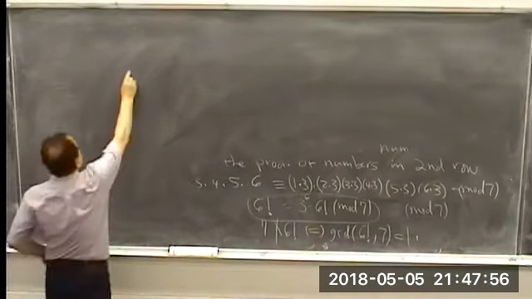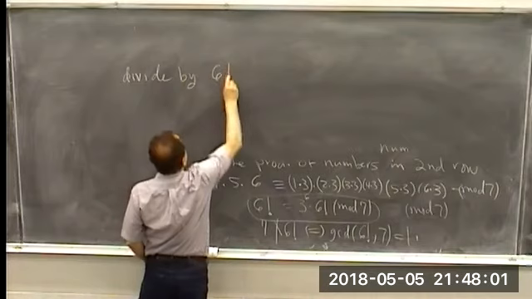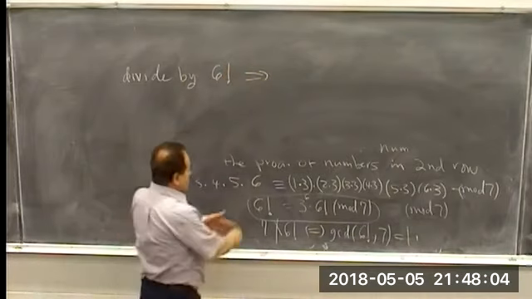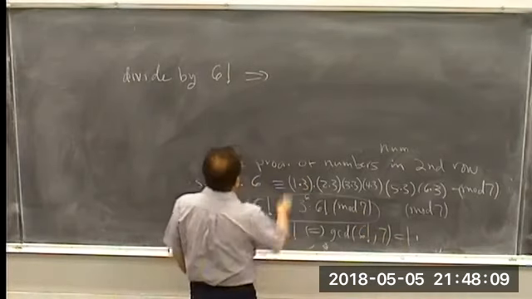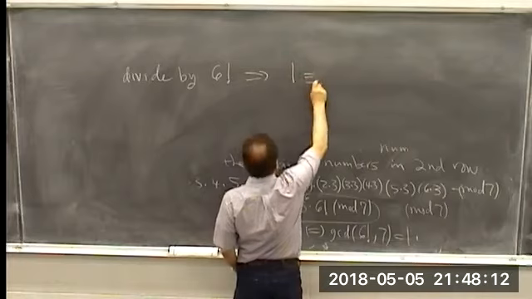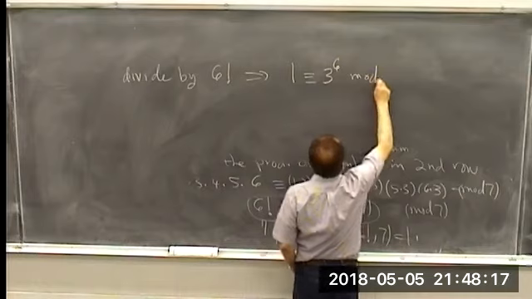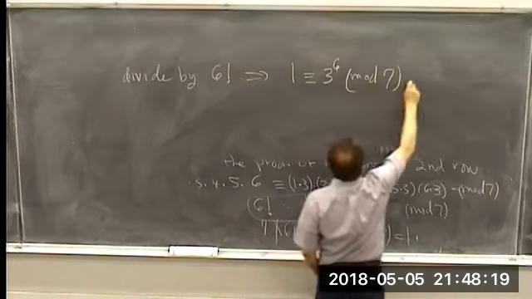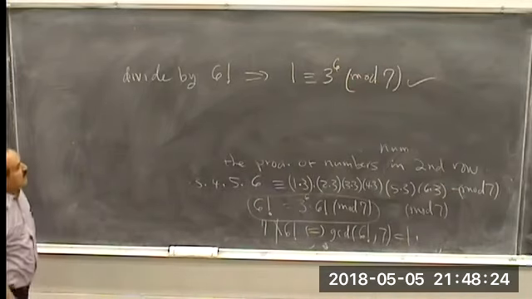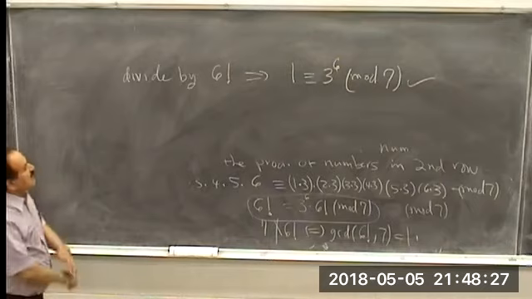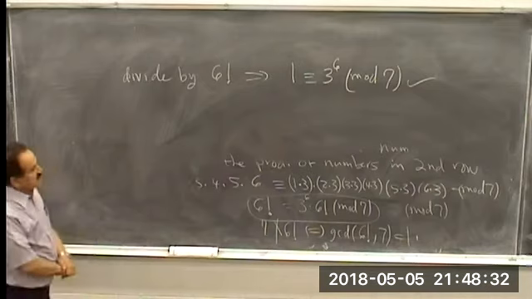Since it is relatively prime, when I divide, the modulus is divided by 1. So we get 1 is congruent to 3 to the 6 mod 7. So yes, this verifies Fermat's theorem for a equal to 3 and the modulus the prime 7.